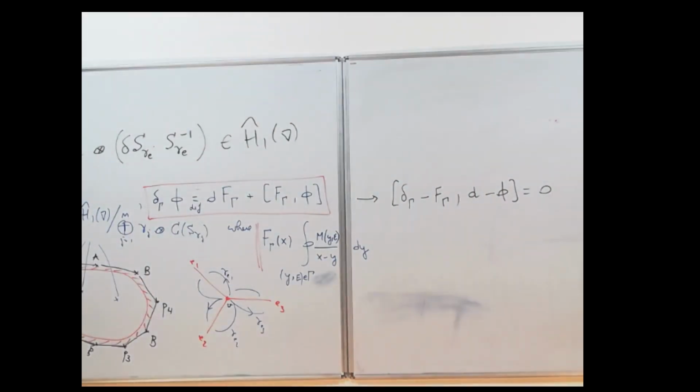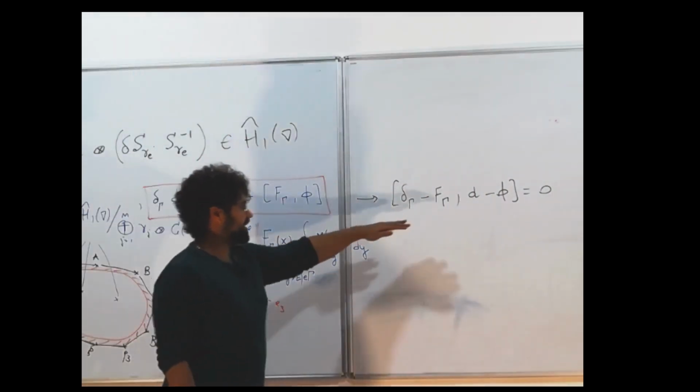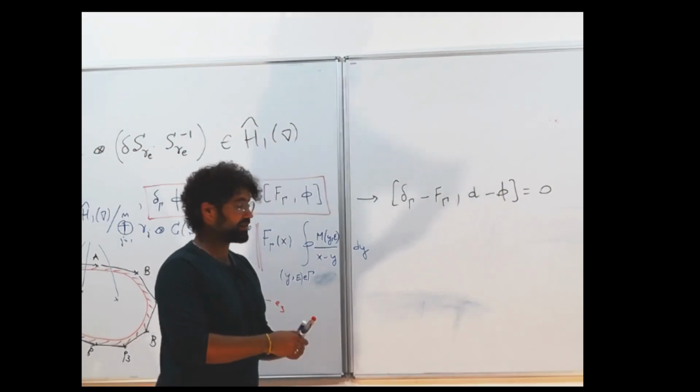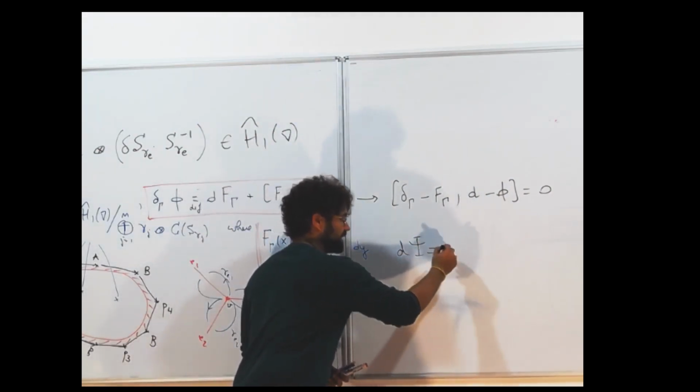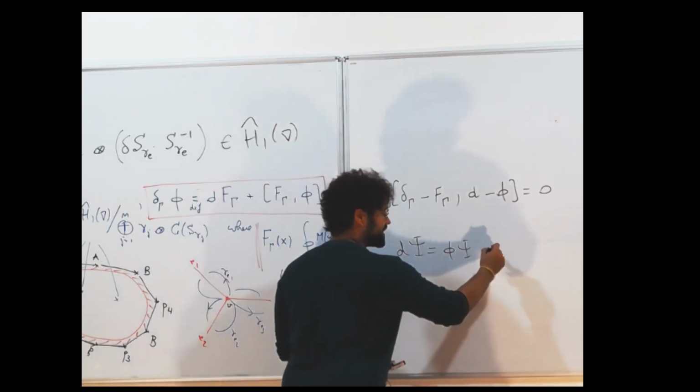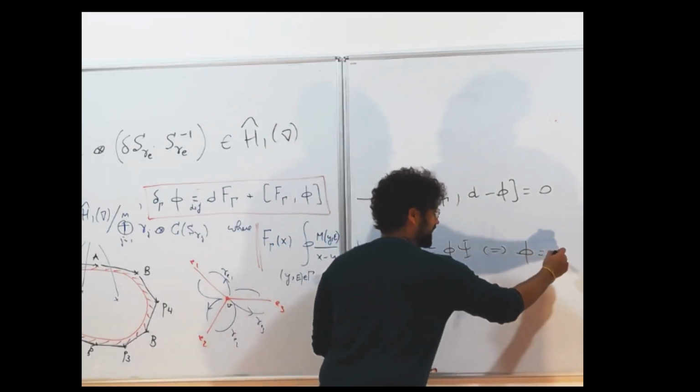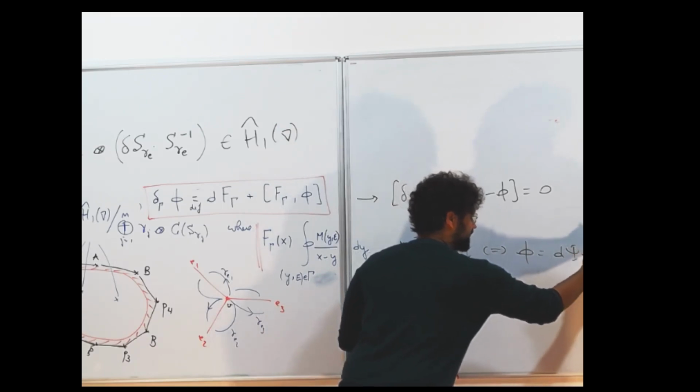Okay, so this hints at the fact that psi, right, that psi, which satisfies d psi is phi psi. Okay, so this is the same thing as phi being d psi psi minus 1.